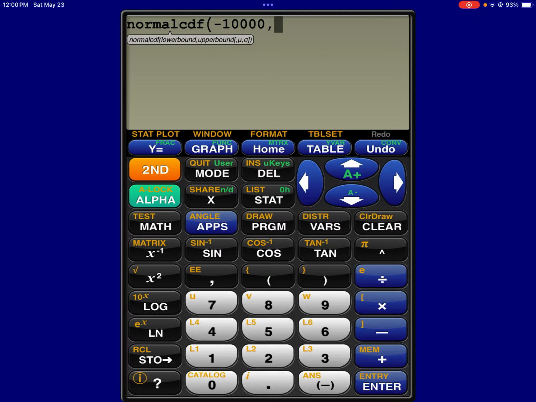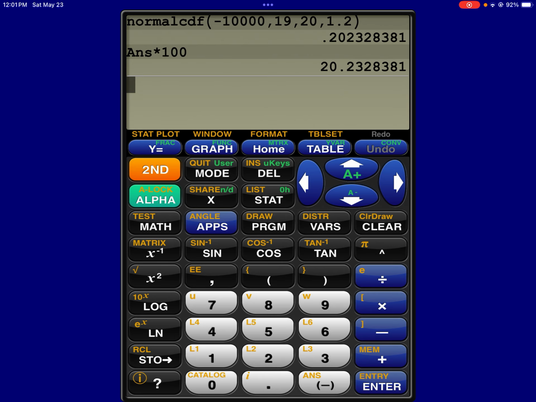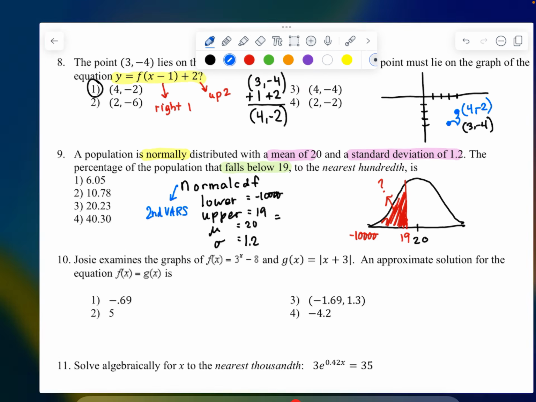I'm going to go a really low number, then 19. I'm going to do my mean, and I'm going to do my standard deviation. And I'm going to get about 0.2, and to the nearest percent, I'm going to get about 20.23.